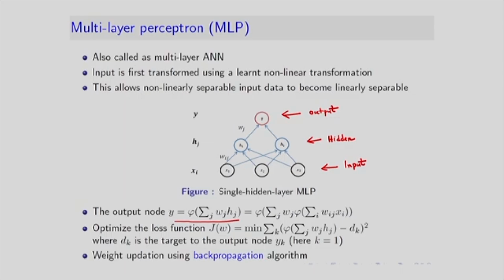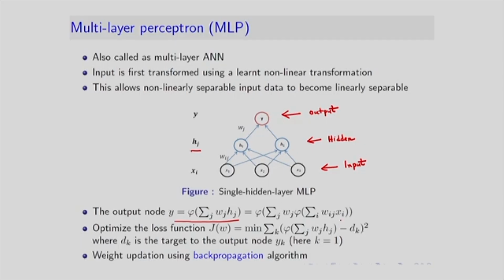So I am getting the output y, that is nothing but the phi, that is the activation function. The wj is multiplied with the input hj. So this is my input. So this expression, the phi summation wj into hj, can be represented like this: summation wij into xi.